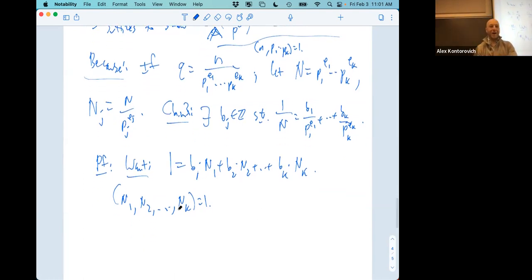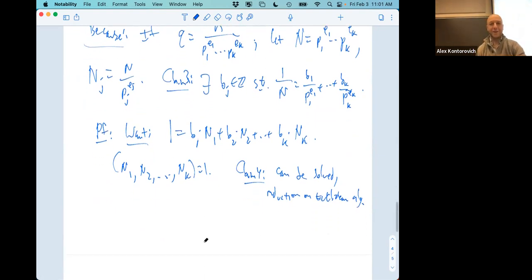Okay, so how do you solve this? Claim 4: a solution exists, and it's just the Chinese remainder theorem. Claim 4, this can be solved, and it's just induction on the Euclidean algorithm. Again, not everyone has seen this, so let me do an example and you'll see exactly how it goes.